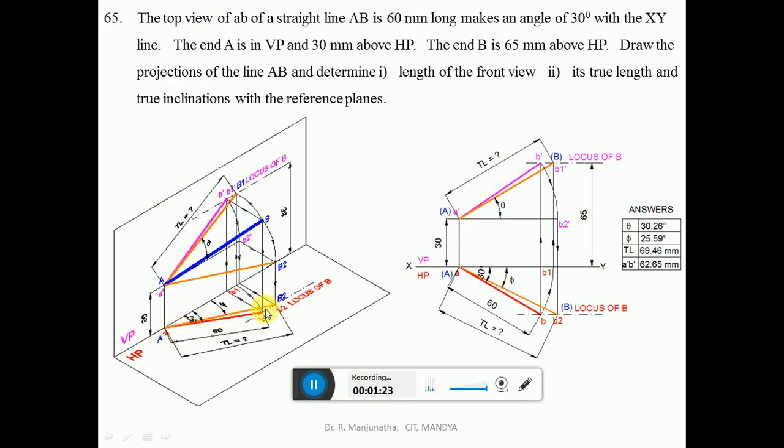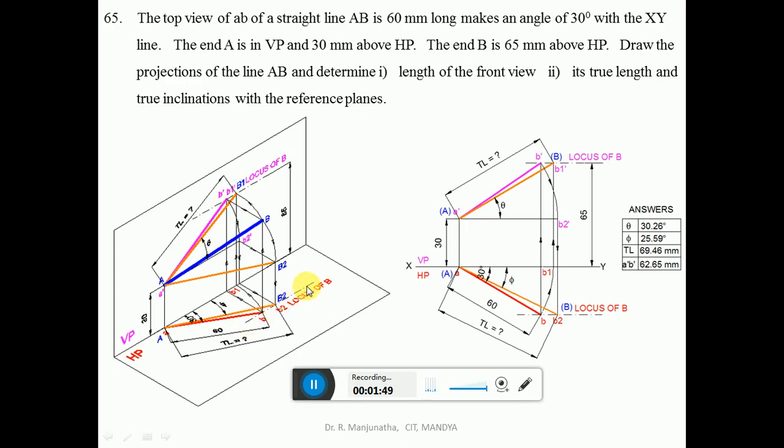Using the compass, take a 60 mm radius with A as center and cut an arc on that 30 degree line, so that you get small b. So ab, which is 60 mm long, is inclined at 30 degrees to the XY line. This is the top view of the line. You join a and b with a dark line, and then you get the locus of b in the top view.